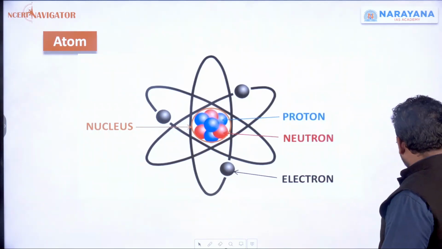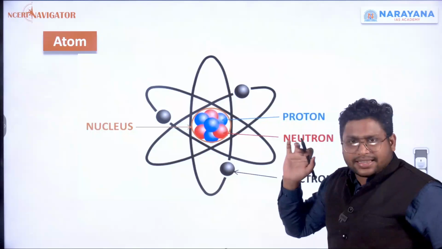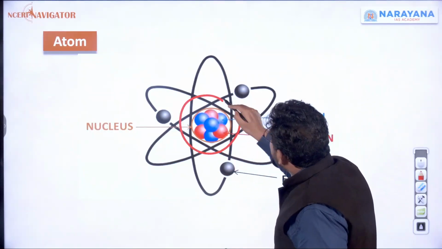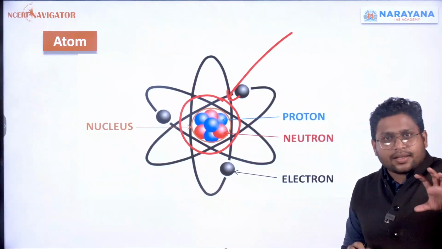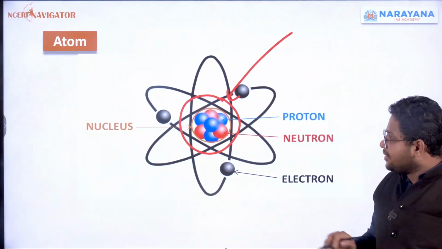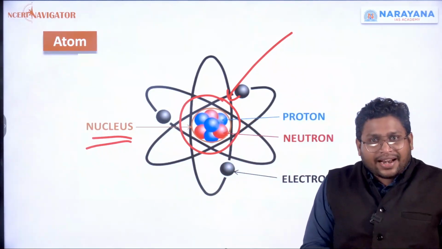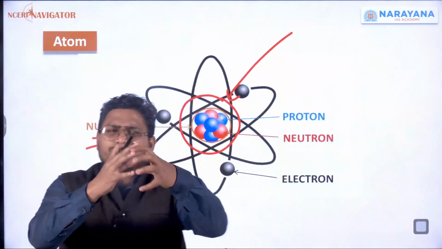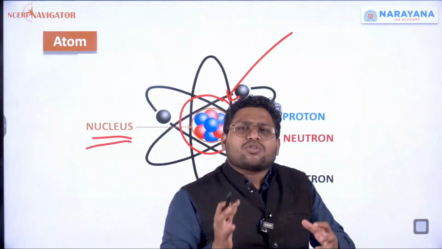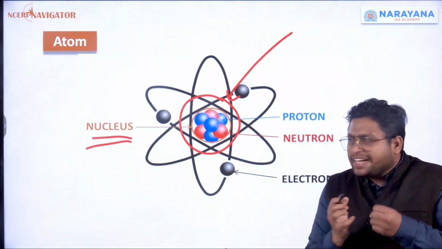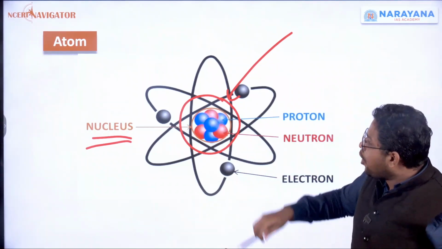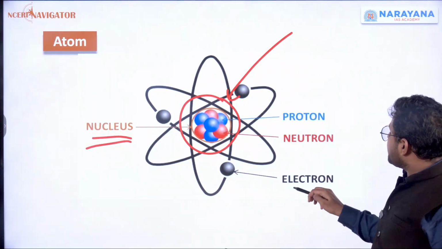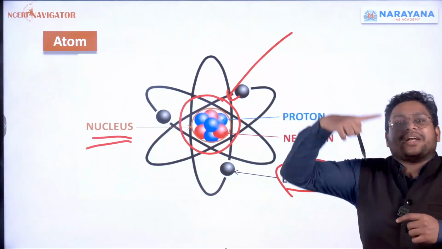In this atom, you will find something interesting. Here at the center, there is a nucleus. And this nucleus is very dense. Whatever is the mass of this entire atom, most of it is there in this nucleus only. And around this nucleus, we see some smaller particles, which we call electrons, which are orbiting.